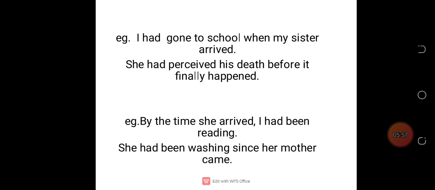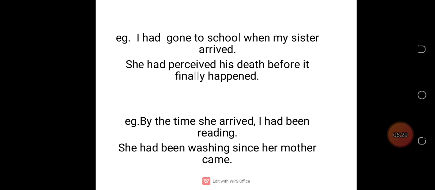What is the verb in the second sentence after had been? The verb there is reading. To read is a verb, so we have read in the continuous form, and that's why we have ing attached to it. So that's the past perfect continuous form.